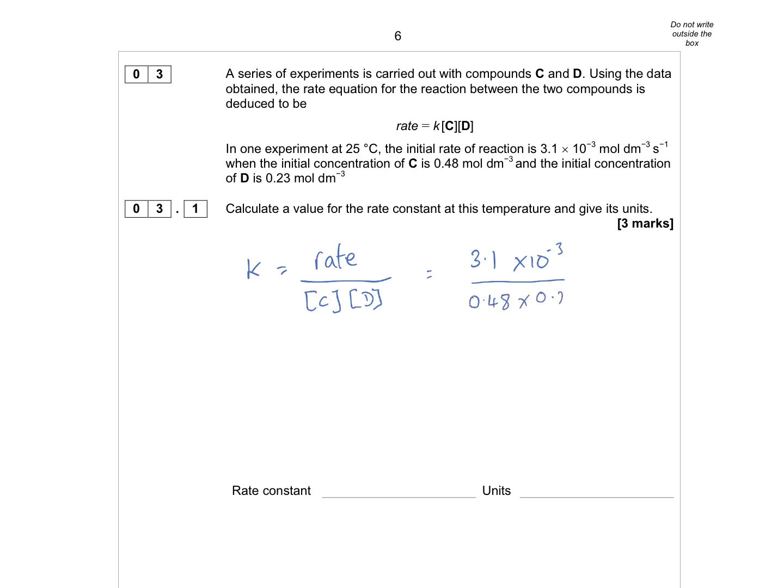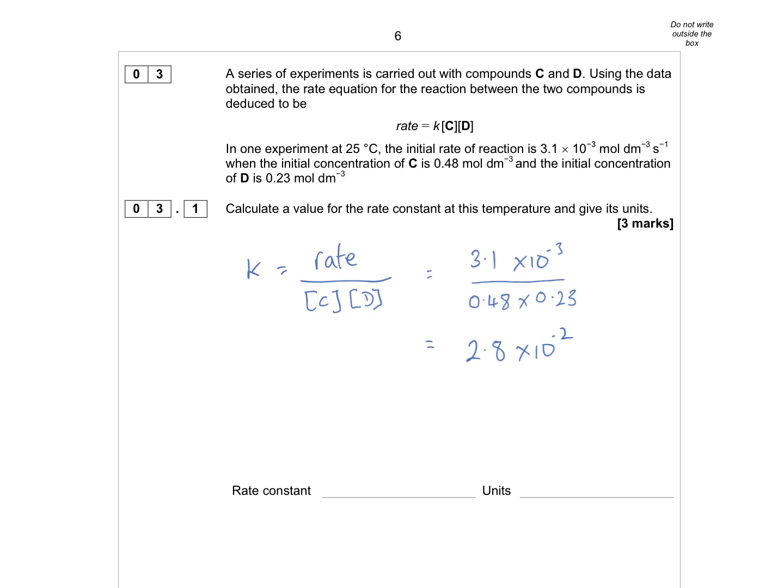So 3.1 times 10 to the minus 3 divided by the concentration of C and the concentration of D will give us an answer. Okay, so that's 2.8 times 10 to the minus 2.